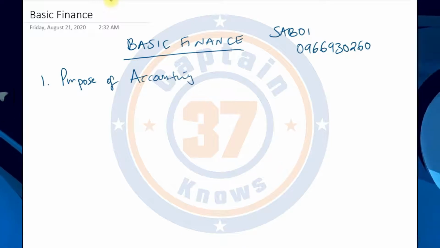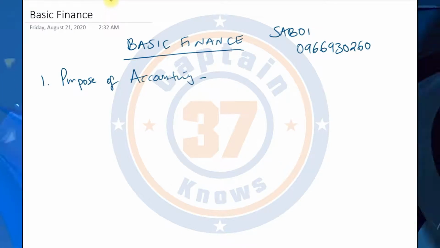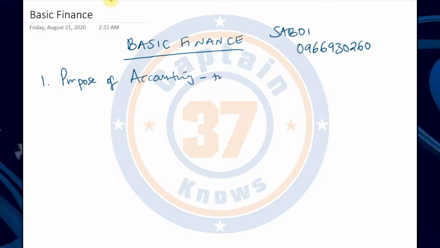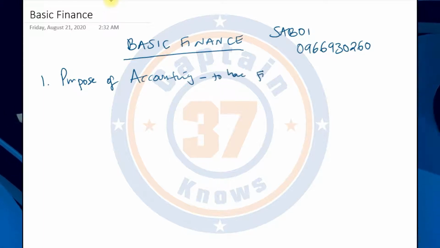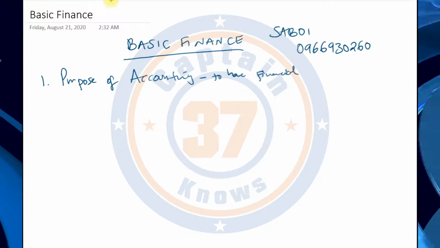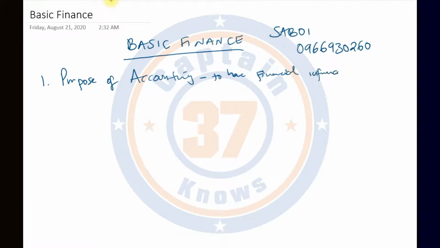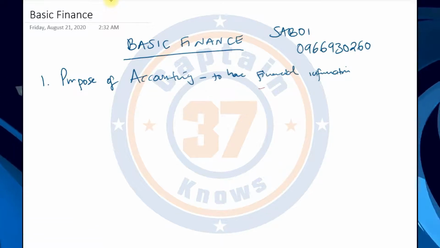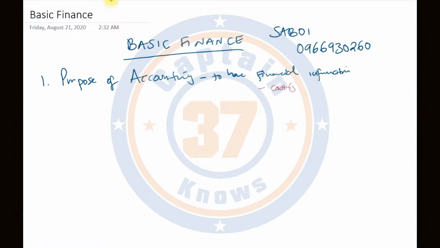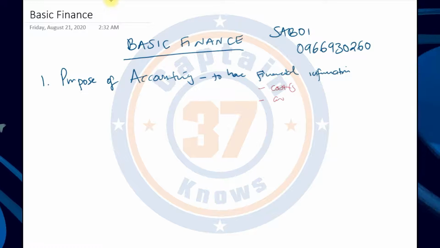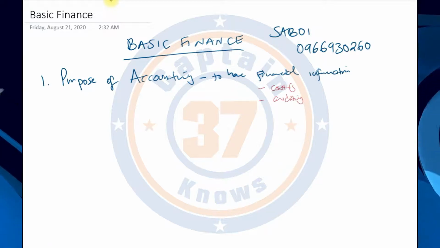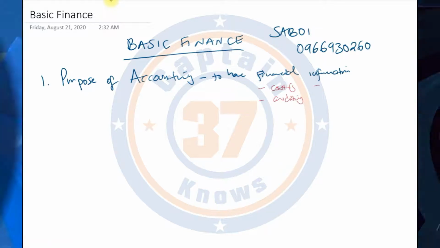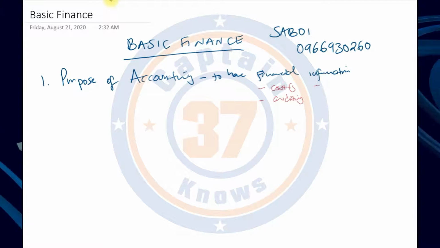The purpose of accounting is so that a business can have financial information. What is financial information used for? It is used for a number of reasons. Number 1, costing. Also, auditing, to ensure that the business is complying with set policies, standards and processes.